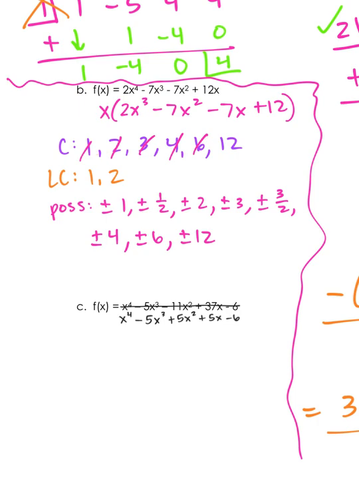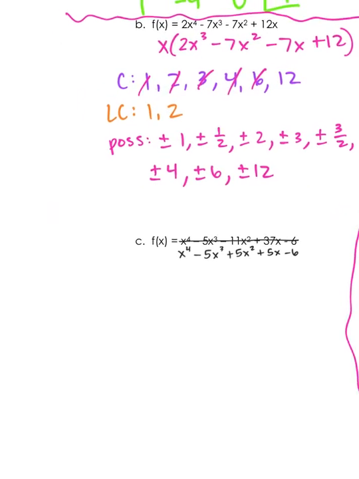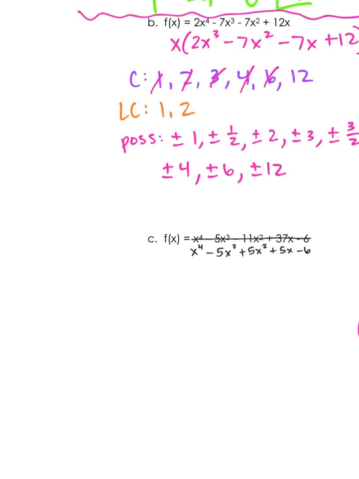Now I am going to move this over so that I'll have room to write. So I'm going to come over here. So I always start off with 1. My coefficients are 2, -7, -7, 12.